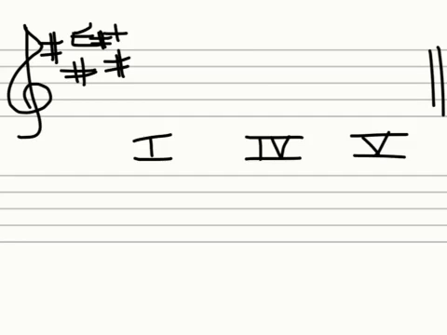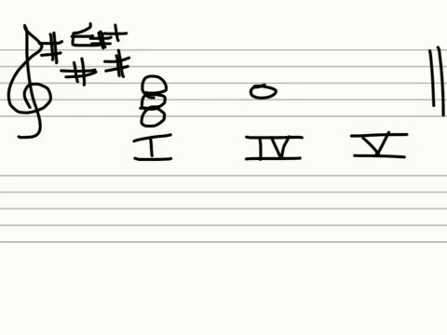Good. So since we're in E major, what would the tonic triad start on? E. So there's E. Build a snowman. Yay. So in E major, what would the subdominant triad start on? Second space. What is that note? A. So again, in music, you can use your fingers to count.